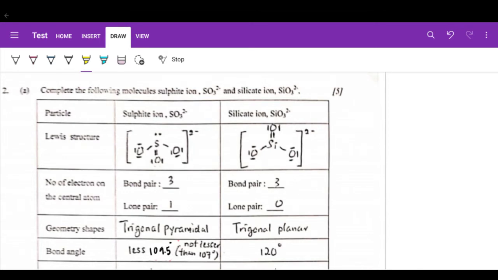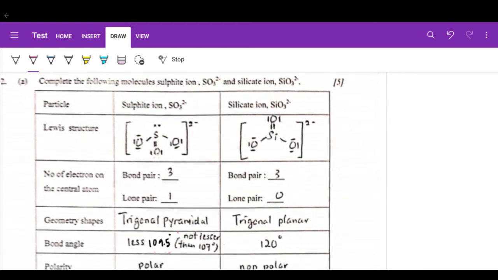So this is the structure for the sulfite ion. How to write the Lewis structure? First, for SO3 2-, make sure the central atom is the more electropositive one, which is sulfur, and it is surrounded by oxygen.